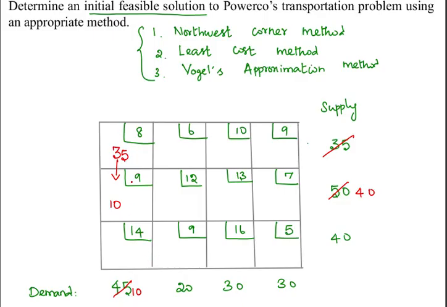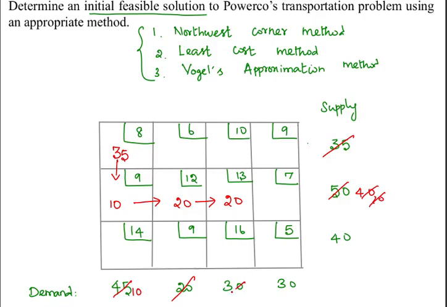So city 1's demand is completed. Now I go for the remaining 40 units of plant 2. I give to city 2, whose demand is 20, so I place 20 and city 2's requirement is over. Now plant 2 has 20 units remaining, so I transfer 20 to city 3. So this is over.